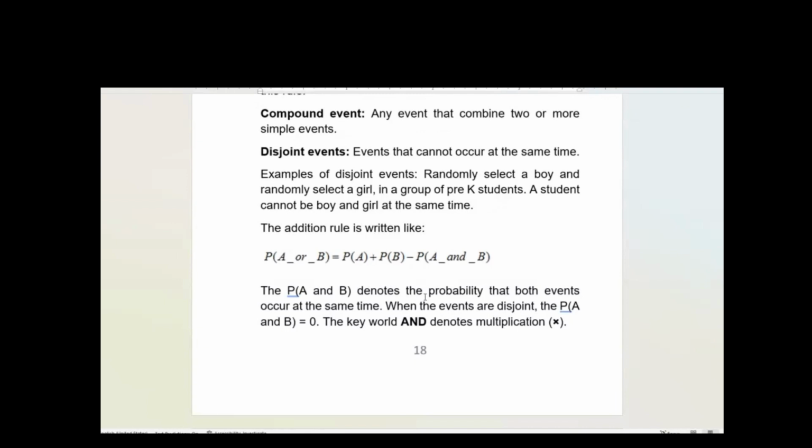When the events are not mutually exclusive, then in this case the probability of A and B is different from 0.